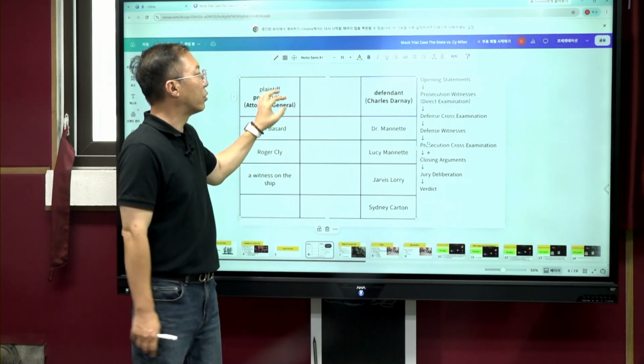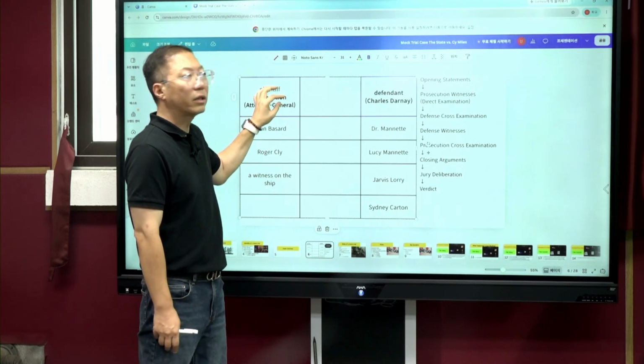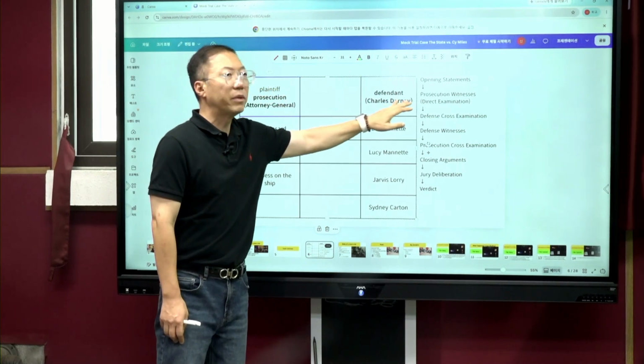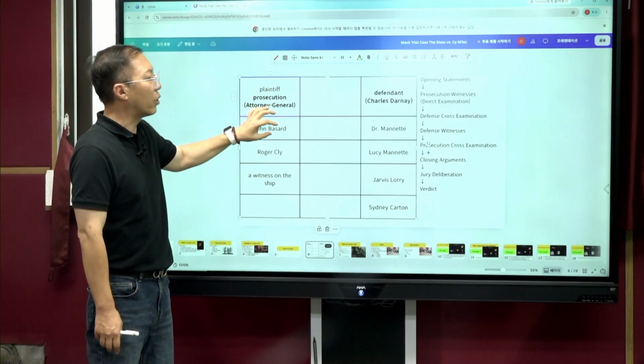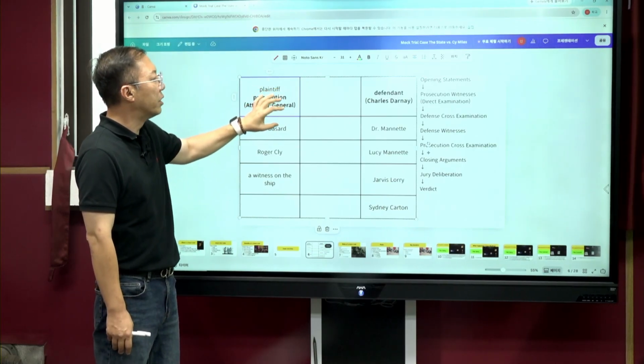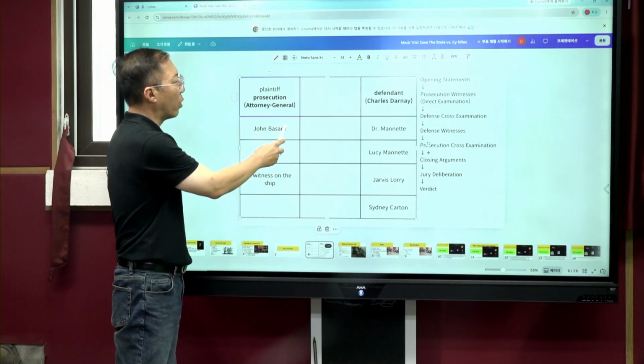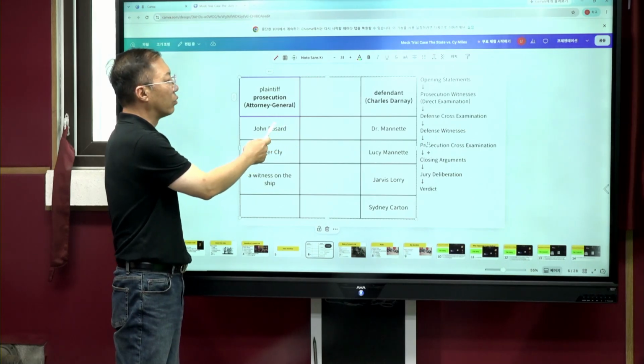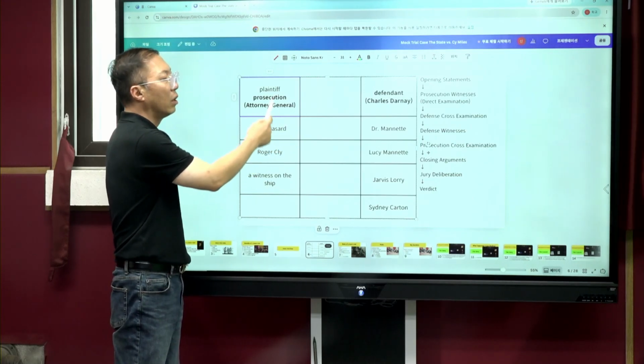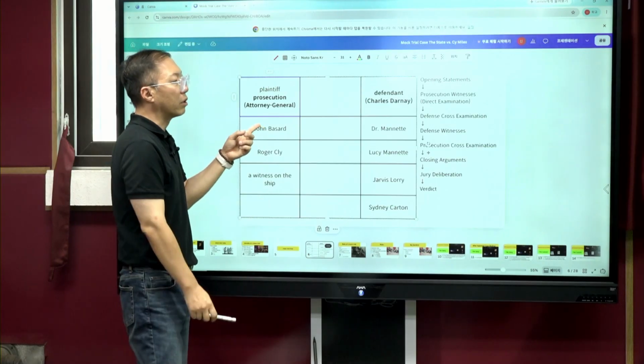Then the prosecutor will conduct a direct examination. Direct examination is question and answer between the same side lawyer and same side witness. So the prosecution lawyer will begin asking questions to his witness. After you're done, we'll do a cross-examination.